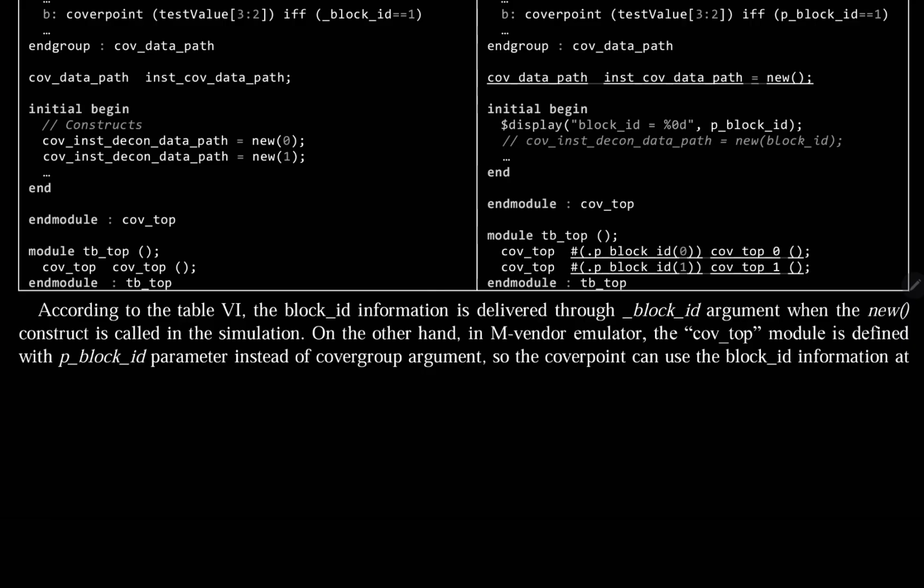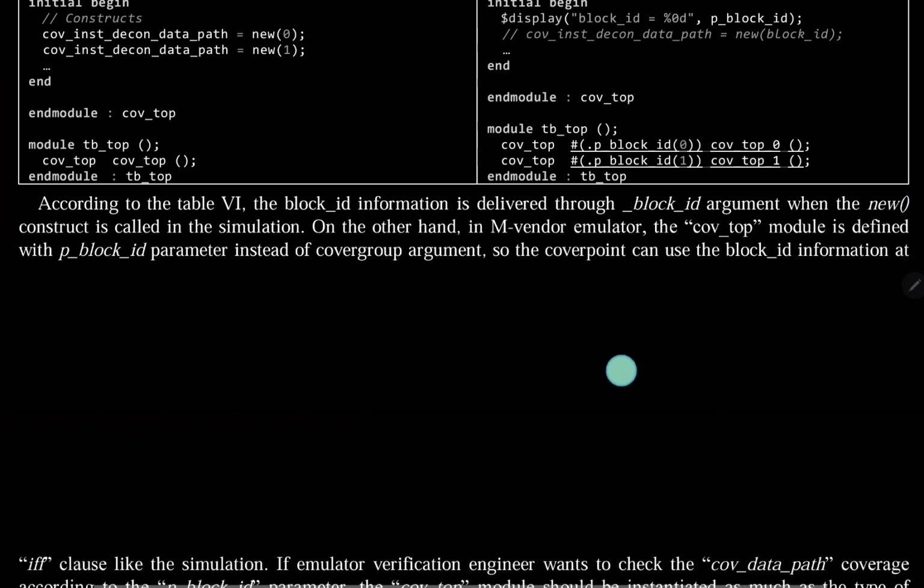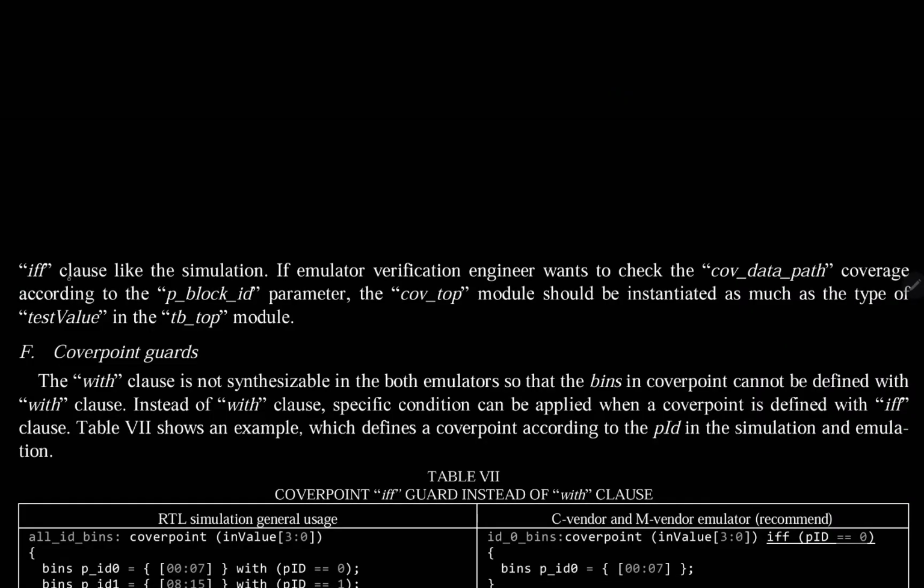So the cover point can use the block_ID information at the IFF clause like a simulation. So the emulator verification engineer wants to check the cover_data_path coverage according to the p_block_ID parameter. The cover_top module should be instantiated as much as the number of test values in the tb_top module.